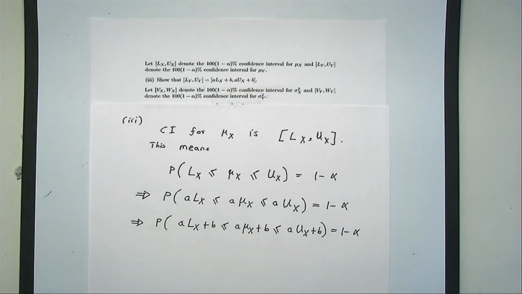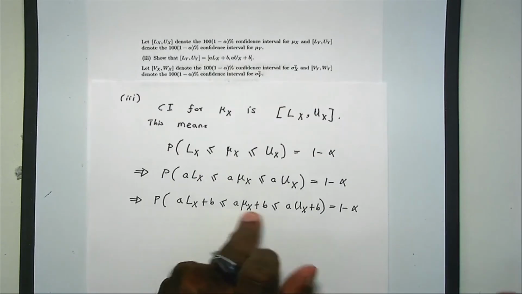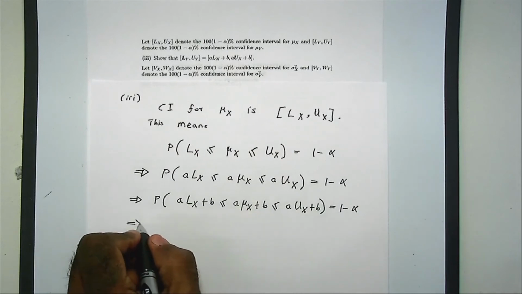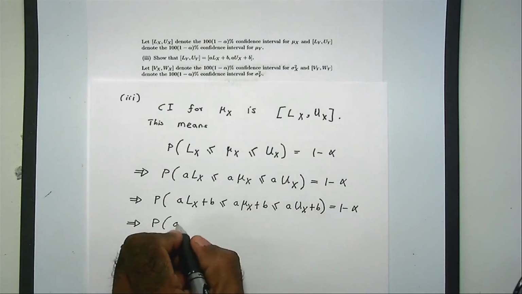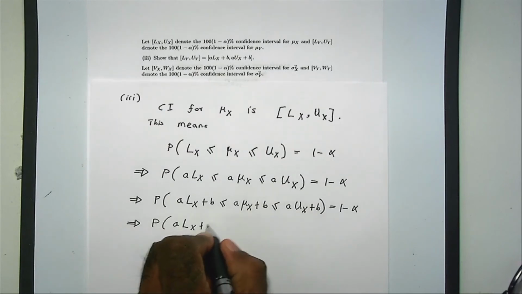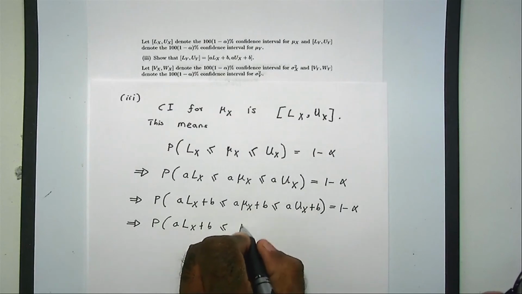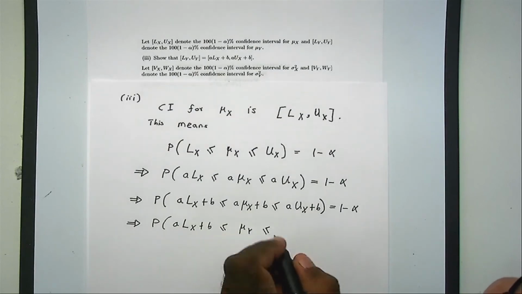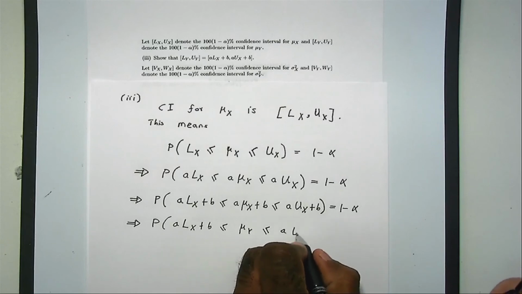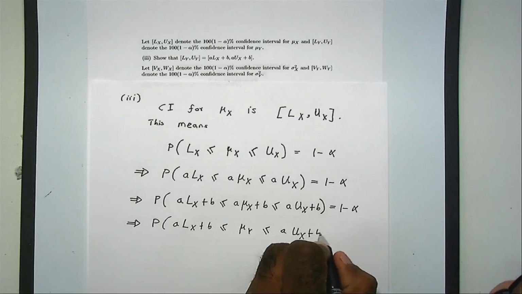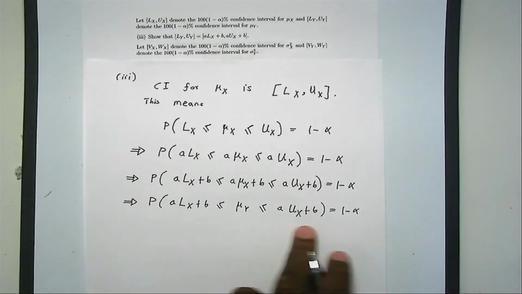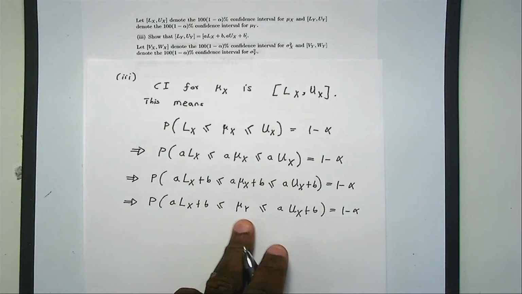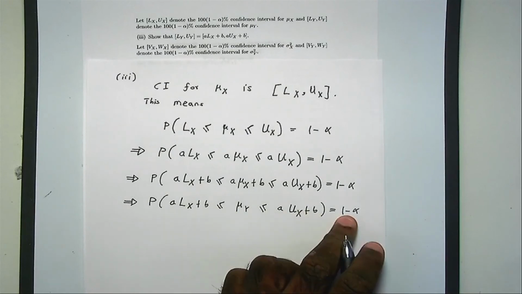Now we know from part 1 of this question that the middle term must be mu y. So what you have here is a statement on mu y. It says that the probability that mu y lies between these two is 1 minus alpha.